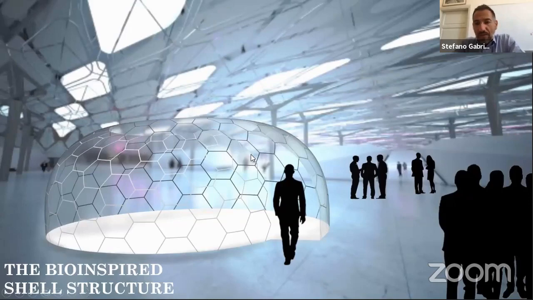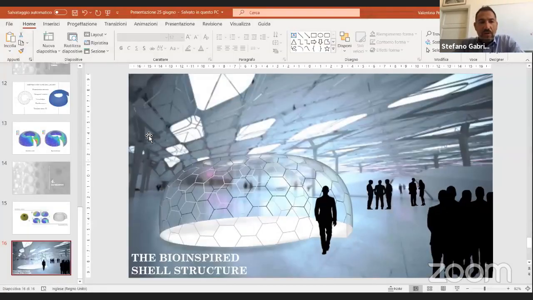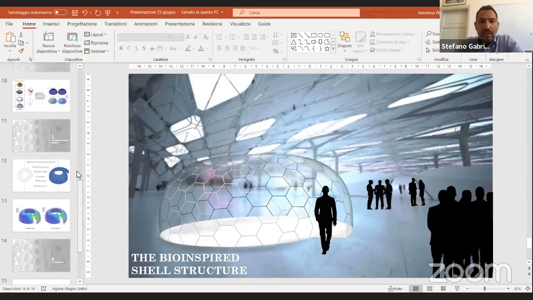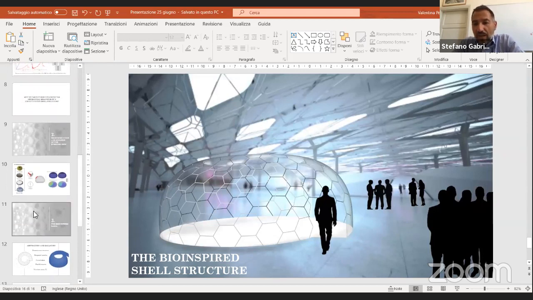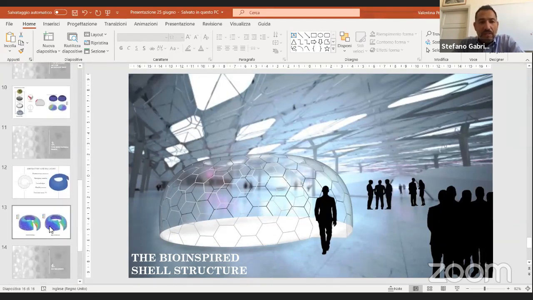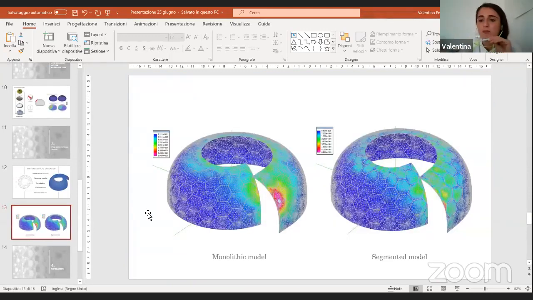I have a question, because you've shown the distribution of the internal forces, in particular the bending moments, in the shells. What about the displacements of the two shells? Okay, I leave the floor to Francesco Marmo, who did the analysis.